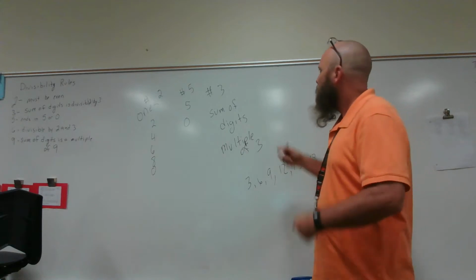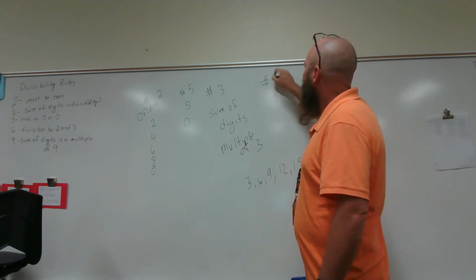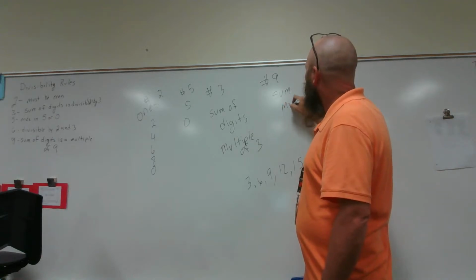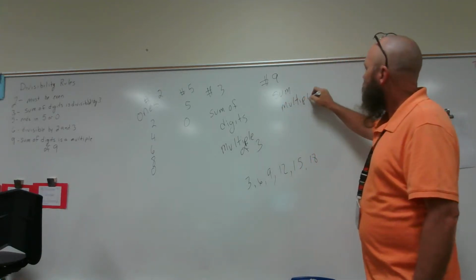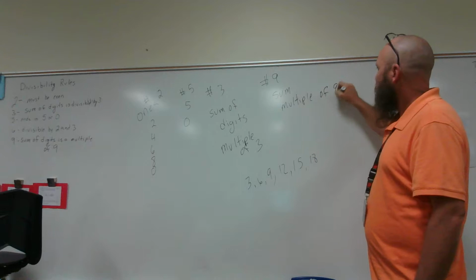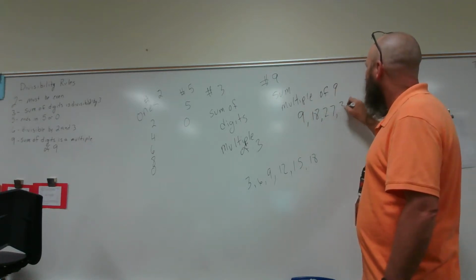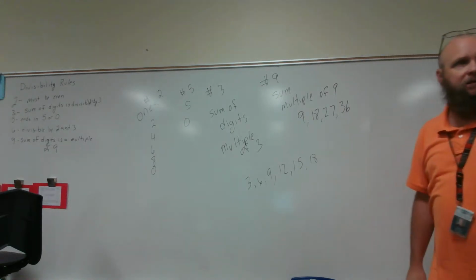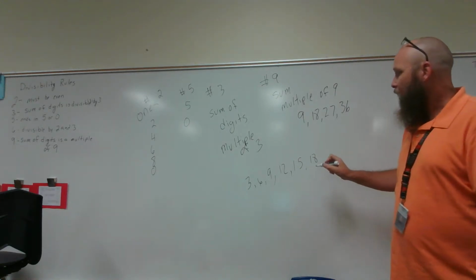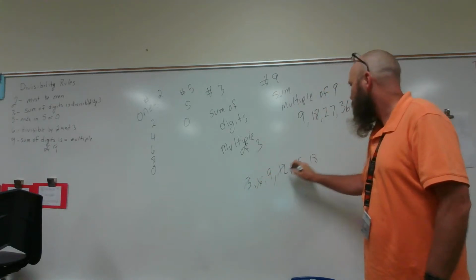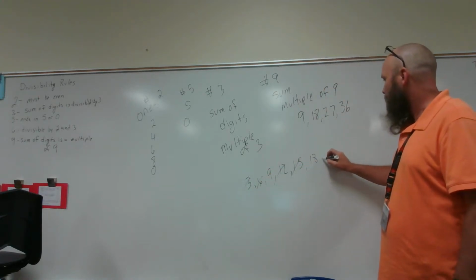For 9, it's the same way. The sum has to add up to a multiple of 9: 9, 18, 27, 36. That eliminates 3 and 6, but it can add up to 18.